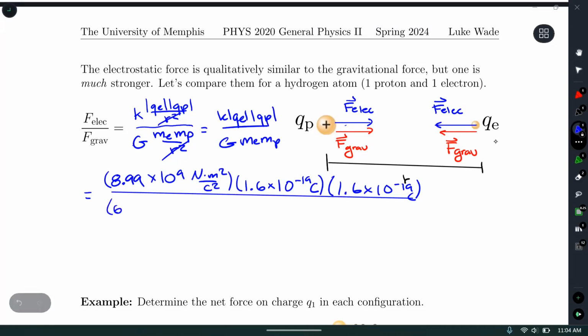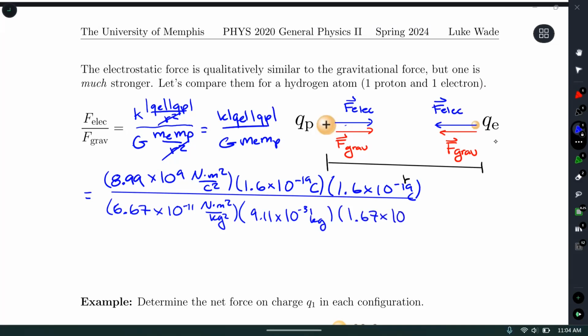G, you may not remember it, but 6.67 times 10 to the negative 11 Newton meter squared per kilogram squared. Mass of the electron, 9.11 times 10 to the negative 31 kilograms. So that's somewhere up above. And the mass of the proton, 1.67 times 10 to the negative 27 kilograms. All right, I'm going to give you all a second to get caught up on that. It's a lot of numbers.